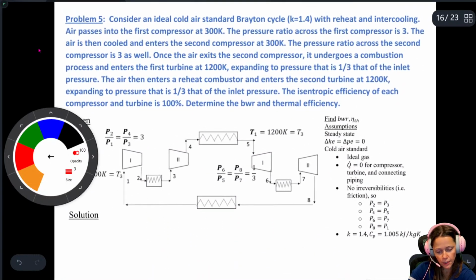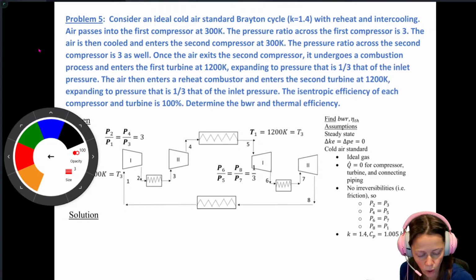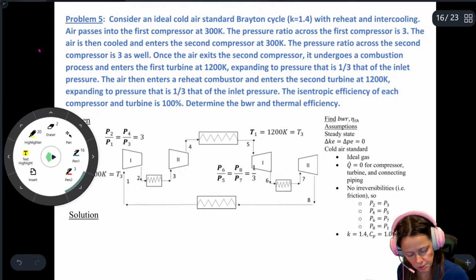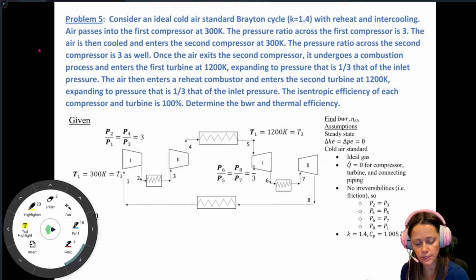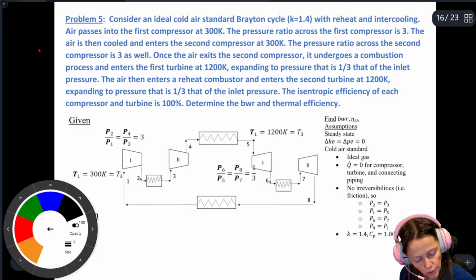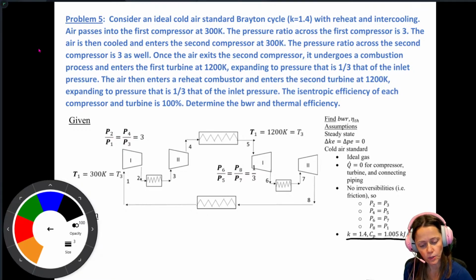So here we have something that looks kind of ugly, but let's walk through it, and we'll see how far we get. We have a cold air standard cycle. So right away, we're going to assume that specific heats are constant. I've got a Cp given to me, great, with reheating and intercooling.